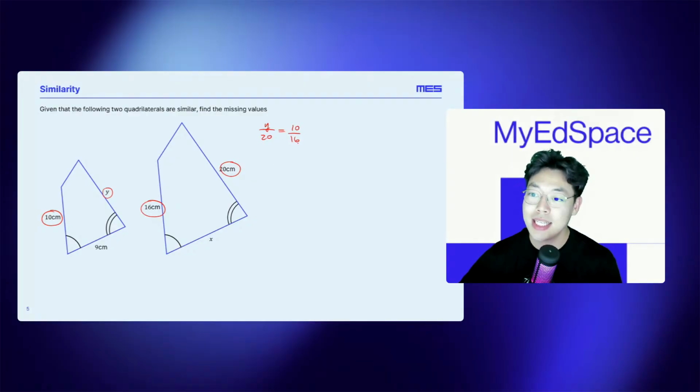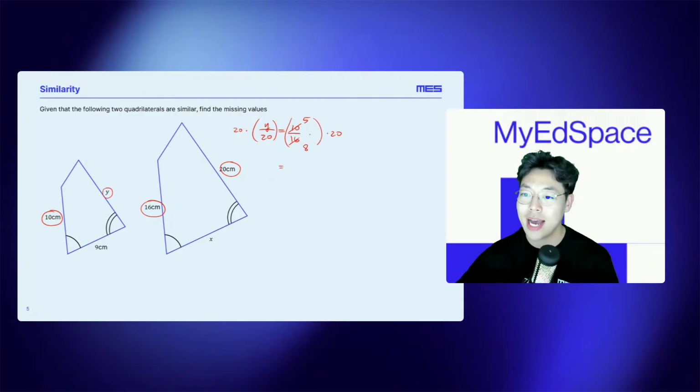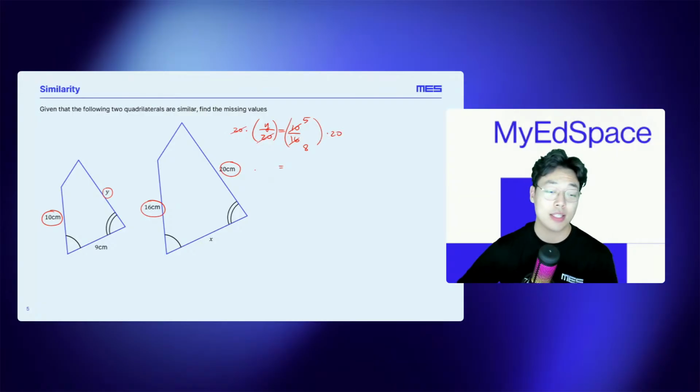Now 10 and 16 have common factors, so we can divide both 10 and 16 by the common factor of 2. So that becomes a 5, 16 becomes an 8, and now we'll multiply both sides by 20 in order to cancel out this 20 on the left, leaving just a y.